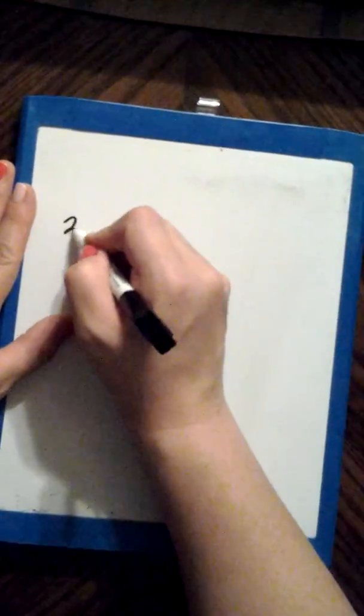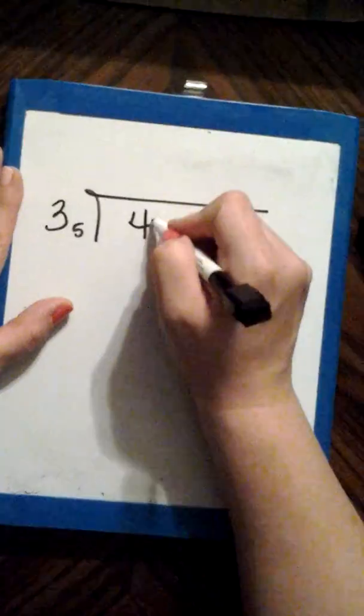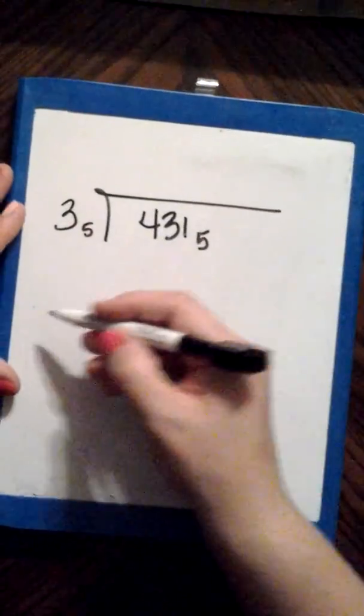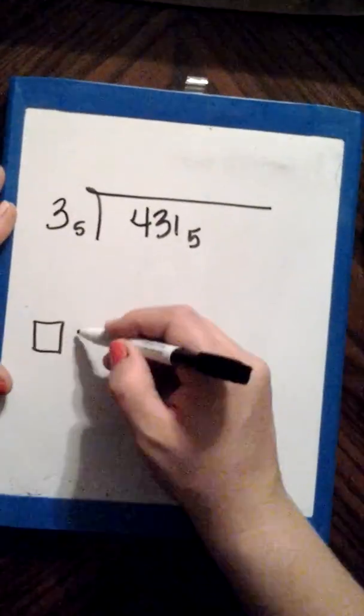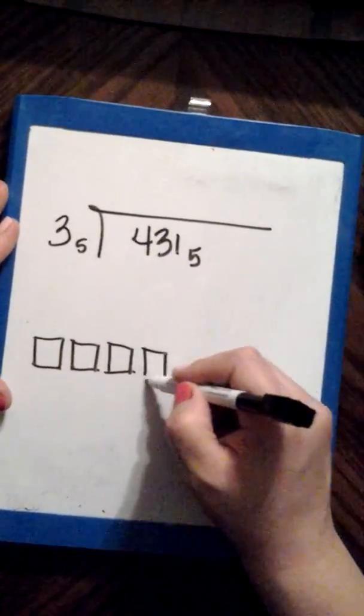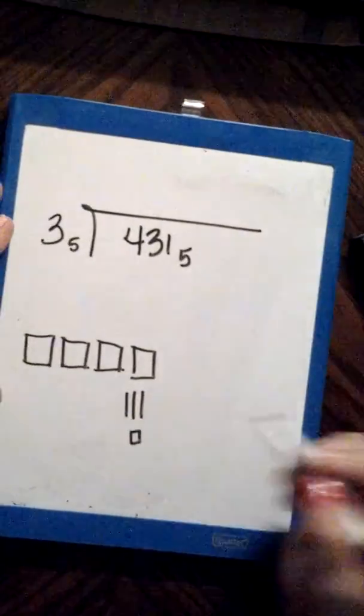Okay, now I'm going to show you a division problem. I'm going to do 431 base 5 divided by 3. So we show that with our manipulatives. So we have 4 flats, 3 longs, and 1 unit.